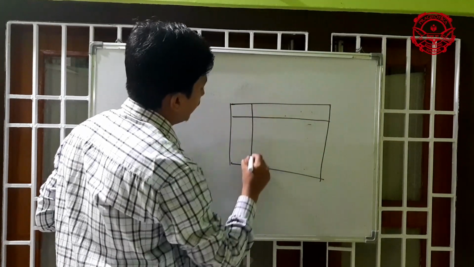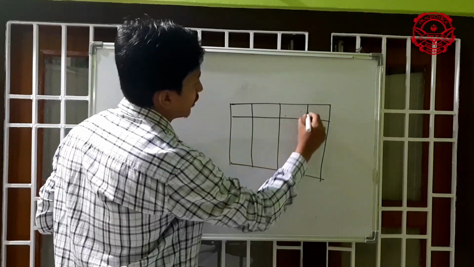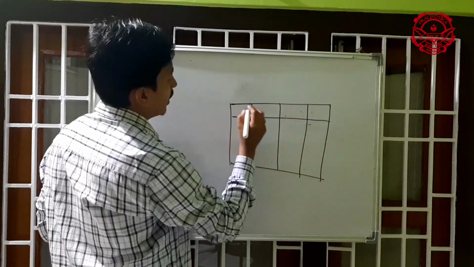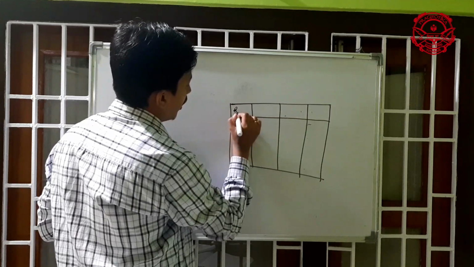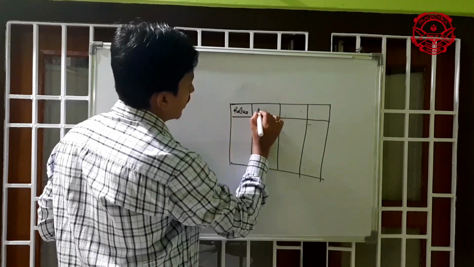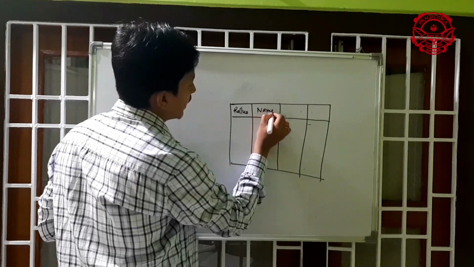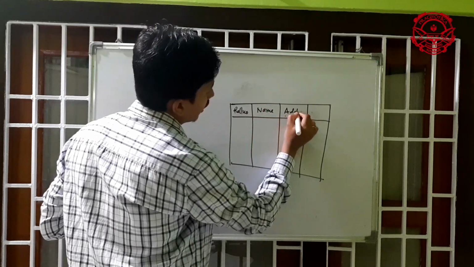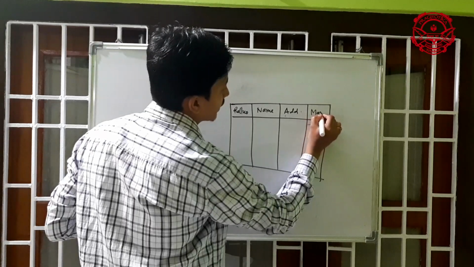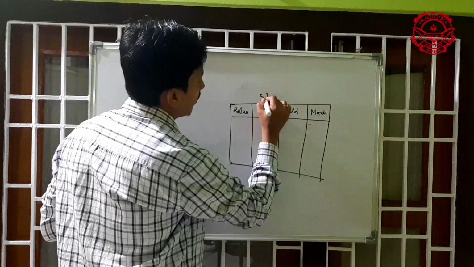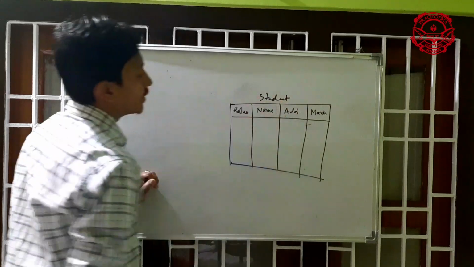This is a table of student records. For example, here the student's roll number, student's name, address, and marks.